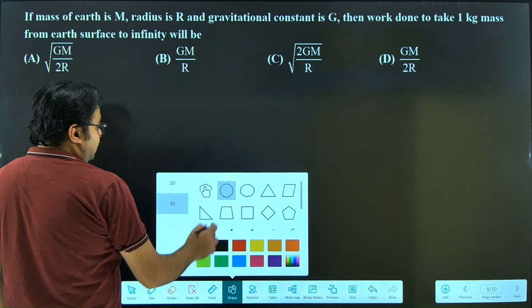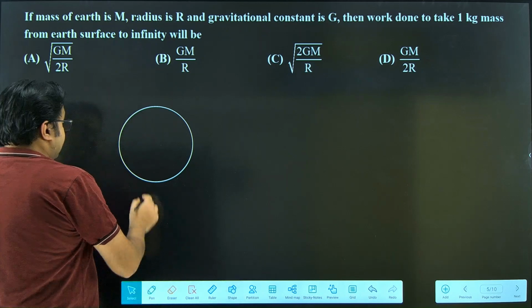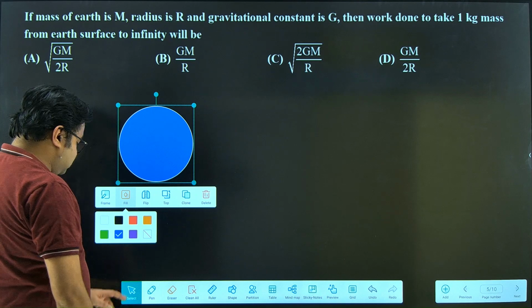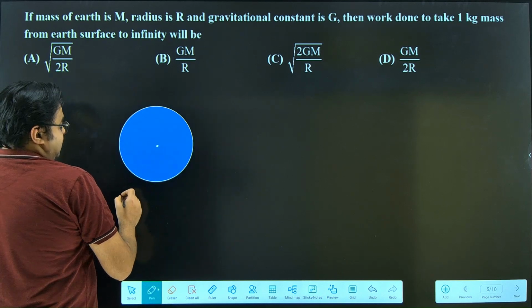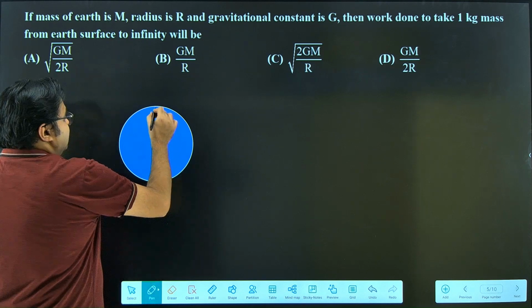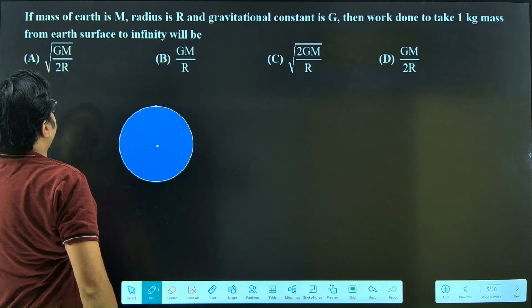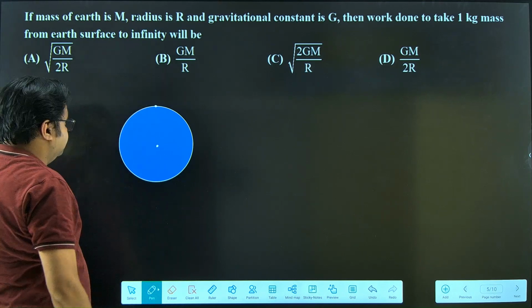Let's try and understand how to solve this question from the knowledge that we have just gained. Let me color it blue so that it looks at least a little bit like the earth. Now that's the center of the earth. There is a body on the surface of the earth. The question says, what is the amount of work done in moving a body from the earth's surface to infinity?